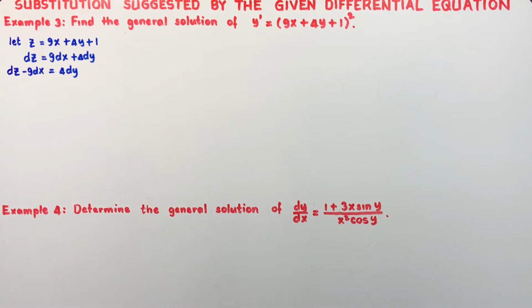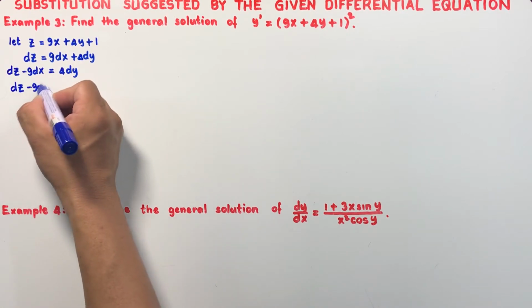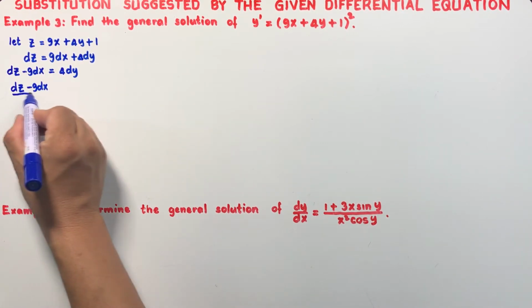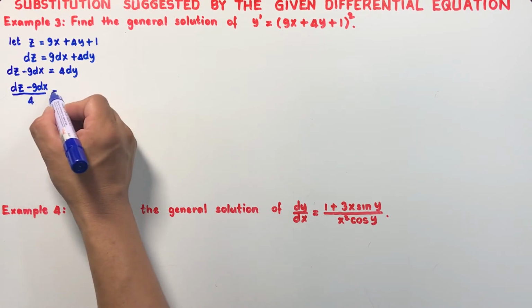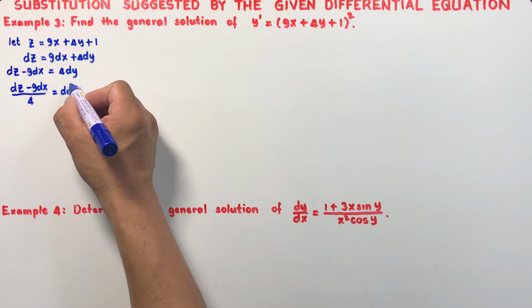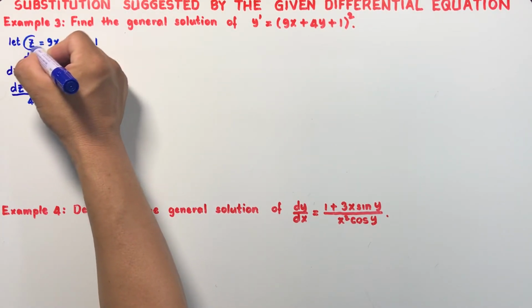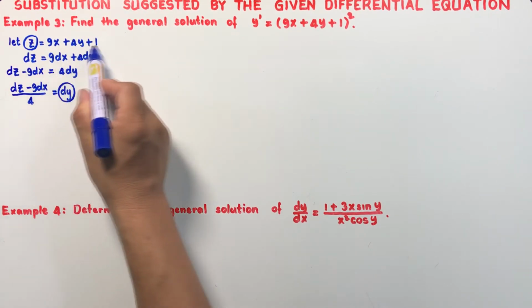And dividing both sides of the equation by 4, we have (dz - 9dx) divided by 4 is the value of our dy. So this is the representation for our dy when our z is this trinomial.